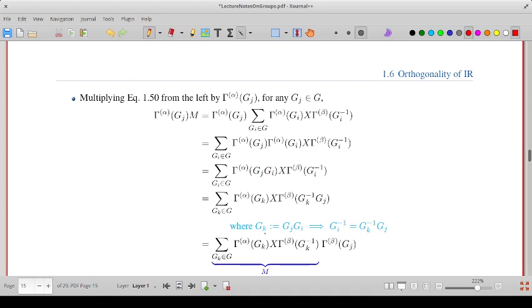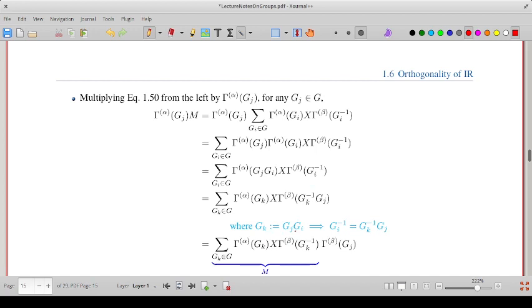So now we define Gk to be Gj Gi, then summation over Gi can be written as summation over Gk. The first matrix is now gamma alpha Gk, then X. But then Gi inverse has to be represented in terms of Gk.